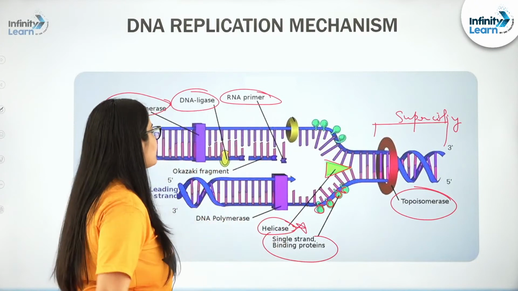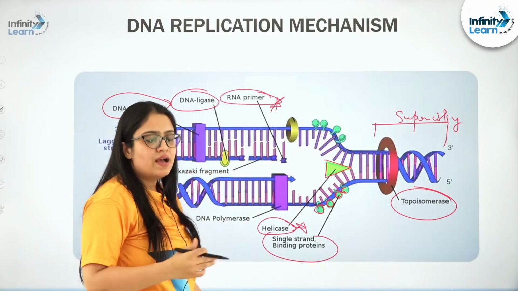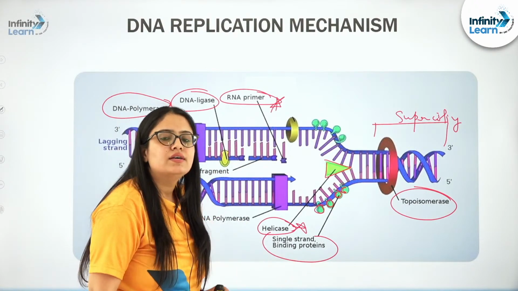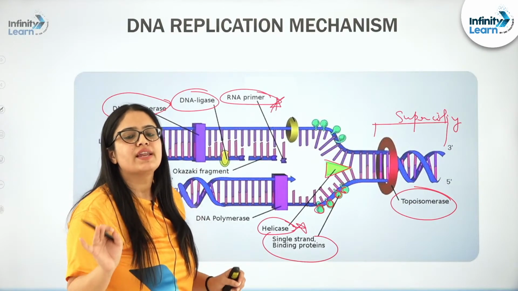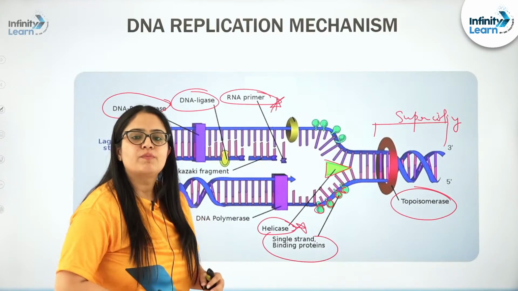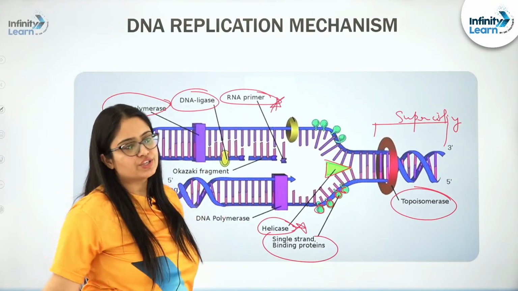Secondly, there will be a requirement of an RNA primer synthesized by the primase enzyme, which will help to initiate the DNA replication mechanism. Once the initiation is properly completed, then who comes into play? DNA dependent DNA polymerase, which will do the elongation process.